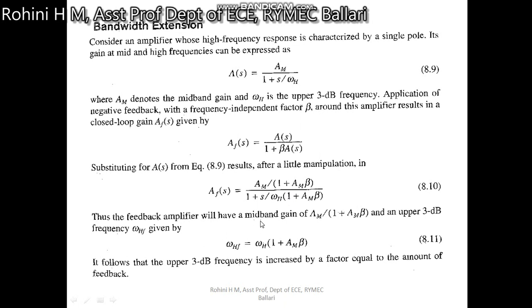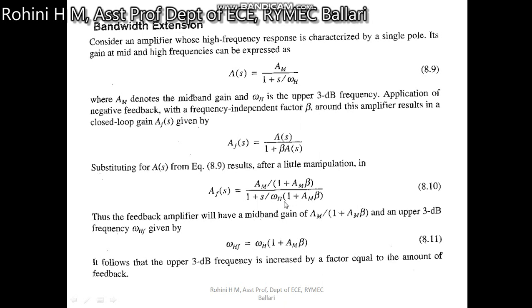Thus the feedback amplifier will have a midband gain of AM divided by 1 plus AM beta and an upper 3 dB frequency omega HF given by omega H into 1 plus AM beta.